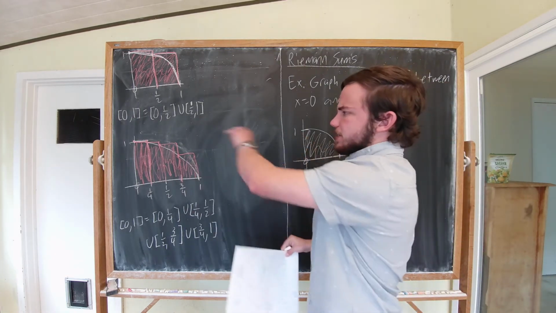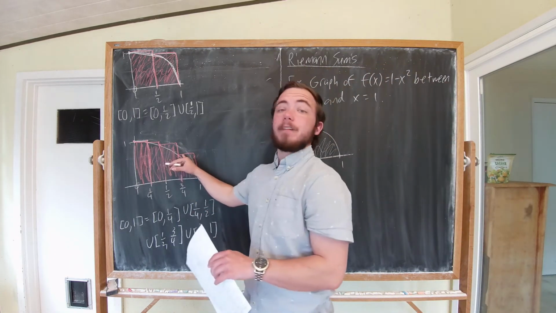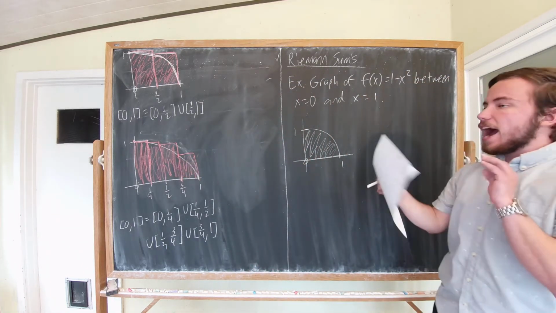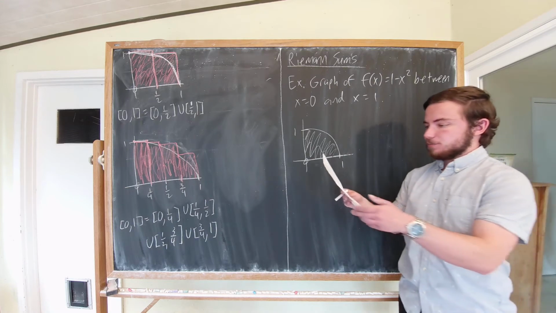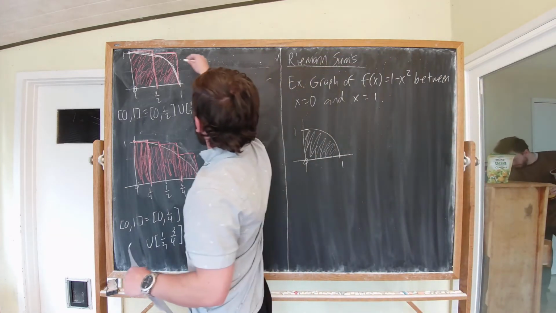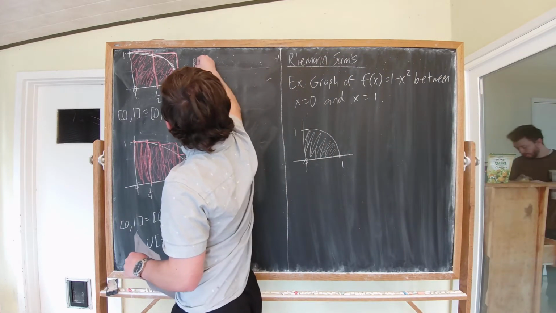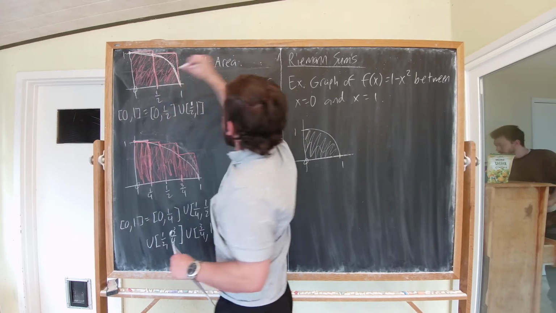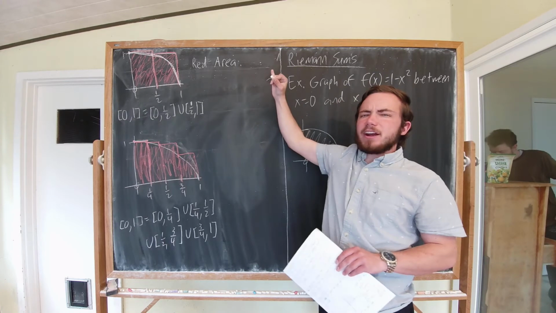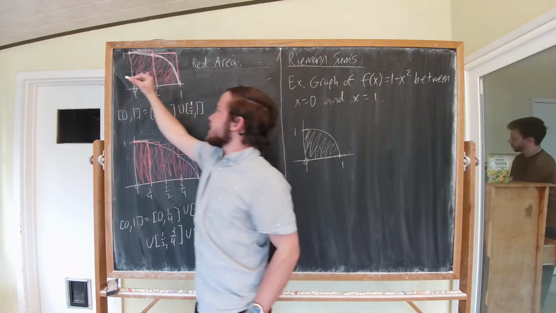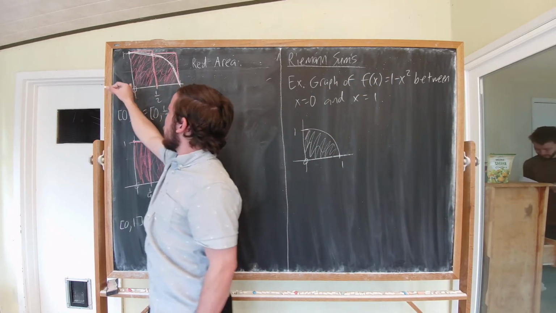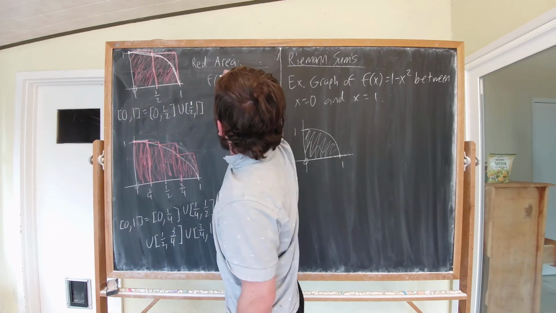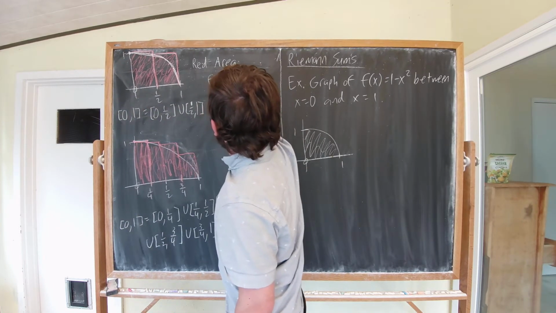Well, because the heights of these rectangles are defined from the curve, this f of x, we can actually write their areas pretty easily. So here, the red area is the area of rectangle 1 plus the area of rectangle 2. What's the height of rectangle 1? Well, it's my function at 0. How wide is it?